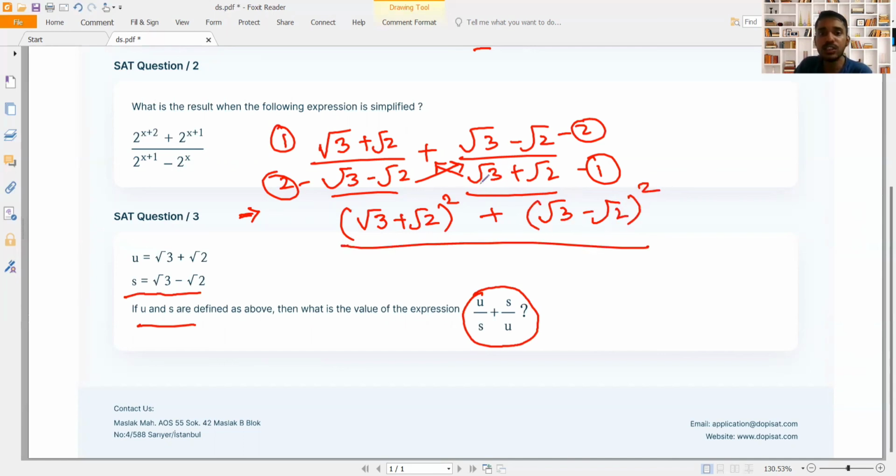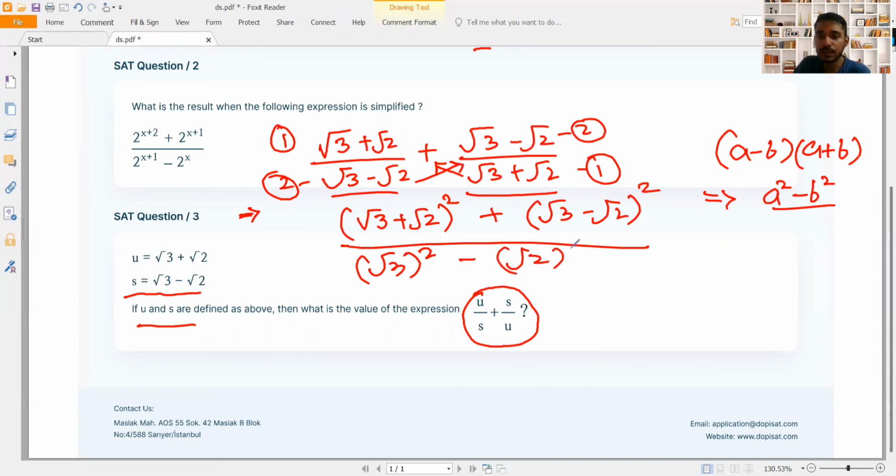And when I multiply the two denominators, it's in the form of a minus b into a plus b, where a and b are root 3 and root 2 respectively. When this type of arrangement comes, we have a formula: a square minus b square. So what's a square here? Root 3 square minus root 2 square, right?